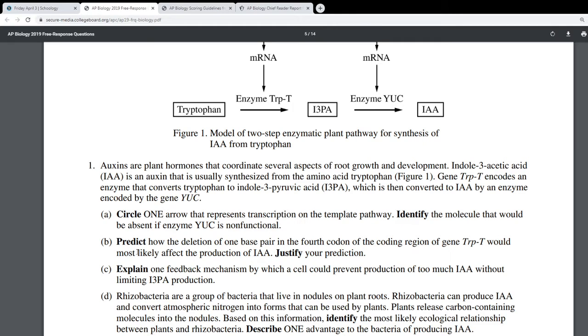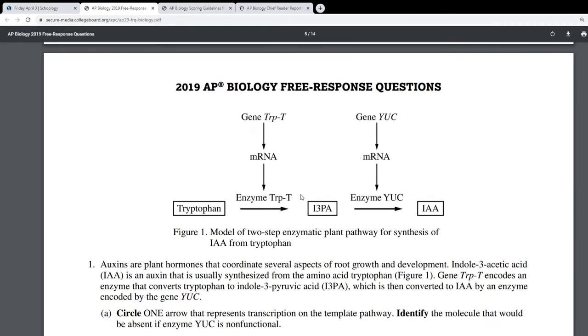So take a moment and predict how the deletion of one base pair in the fourth codon of the coding region would affect the production of IAA. So once again, here's the gene tryptophan T. They're saying, what if we have a deletion in the fourth codon set? How would that affect our production of IAA here at the end?